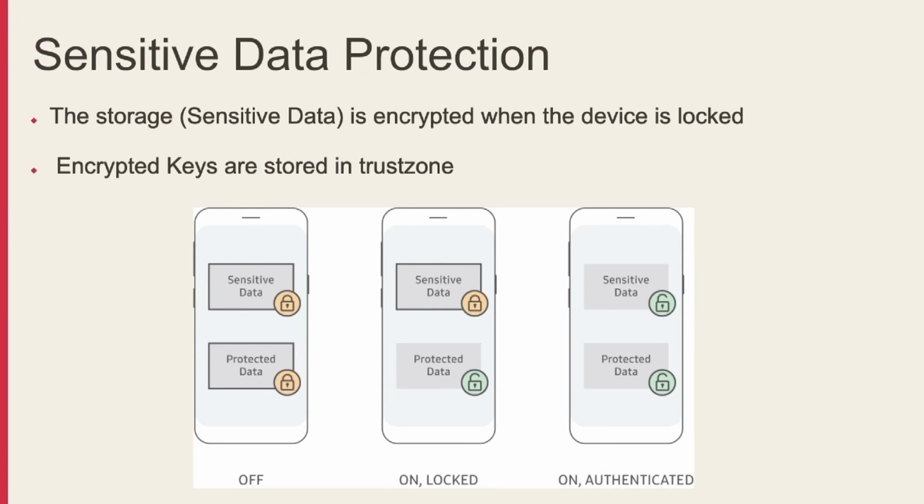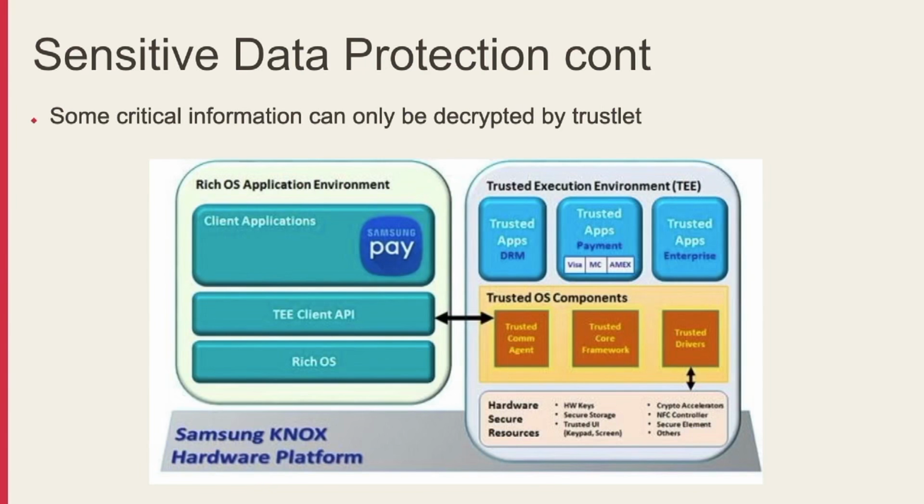We cannot decrypt the storage without unlocking the phone, even if we have root privilege. Other than the storage encryption key, there is lots of critical information that can only be decrypted by trustlet. Once the Knox bit is set, most of them will no longer work.